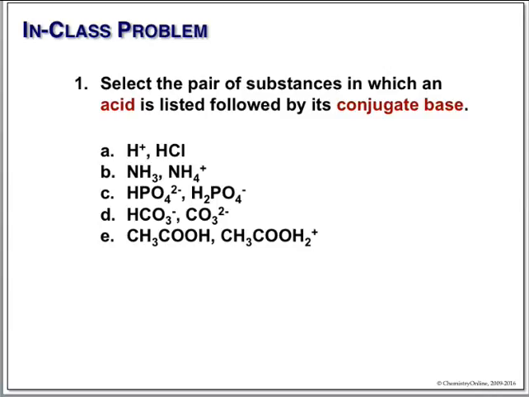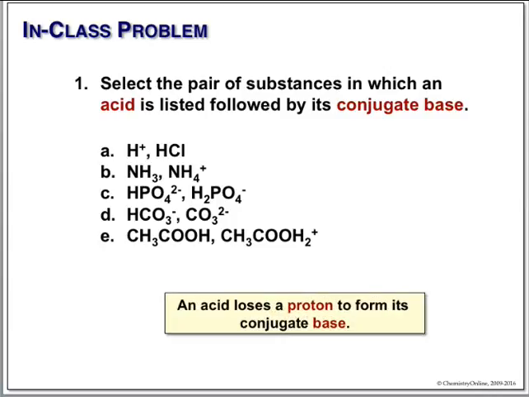In H3PO4, one less proton would be H2PO4. H2PO4, one less proton would be HPO4. HCO3 minus one proton plus one more negative charge. That's the answer.